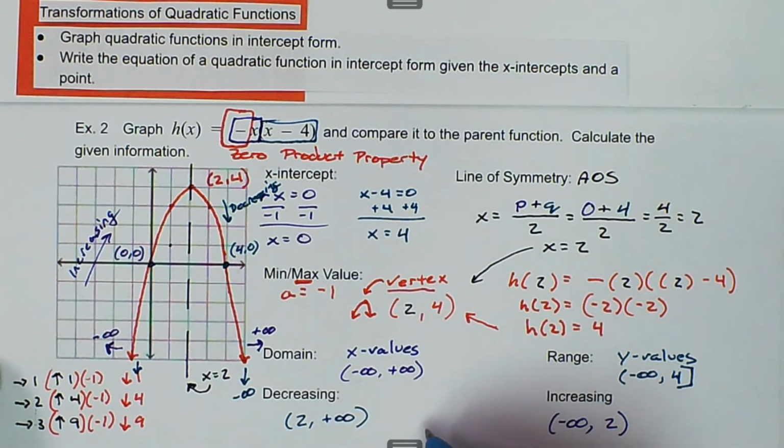Increasing and decreasing, we're looking at the x interval. So although we're reporting the x interval, we're basing it on what the y is doing. Is the y increasing or decreasing? But what we write in the interval are x values.